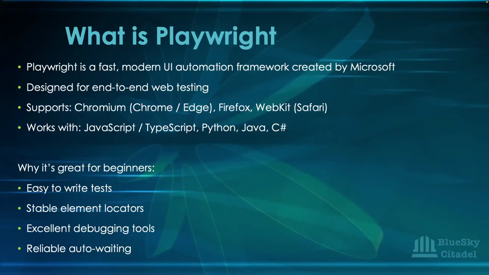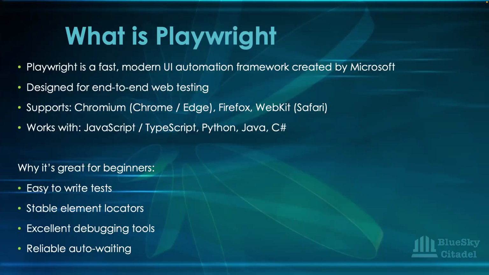There are only a few changes, and we can talk about that later in the course. Another one is Java, but out of all of them, Java is not really used with Playwright, and I'll talk about why later on.